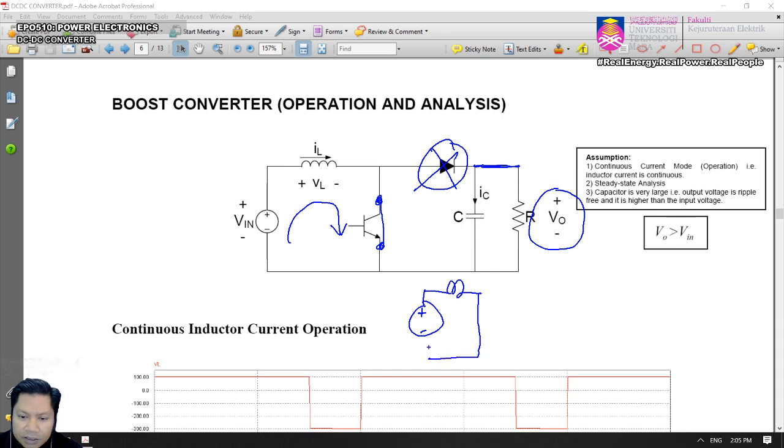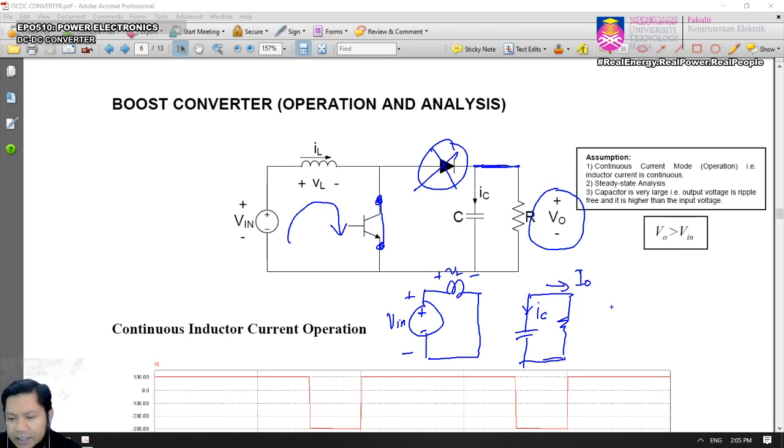inductor, then it's going to be V in, and going to have VL plus minus, and at the output side you're going to have capacitor and so resistor. So this will be your I naught, and this will be your IC capacitor, isn't it?